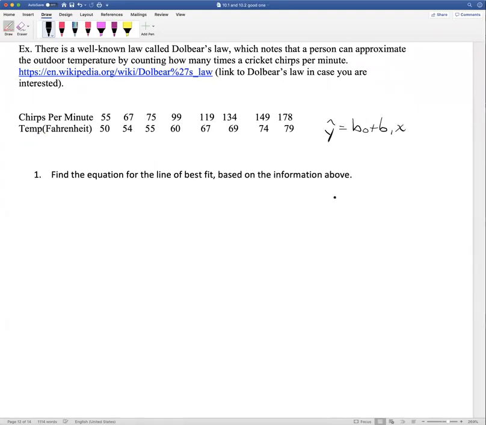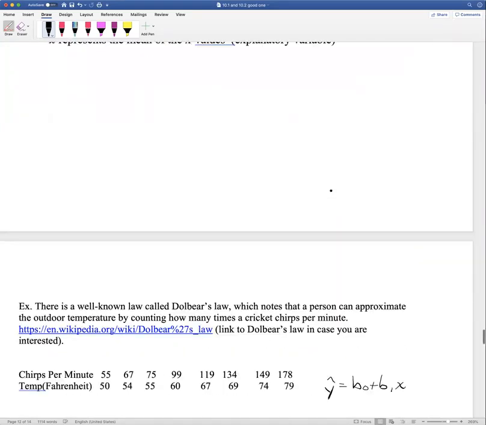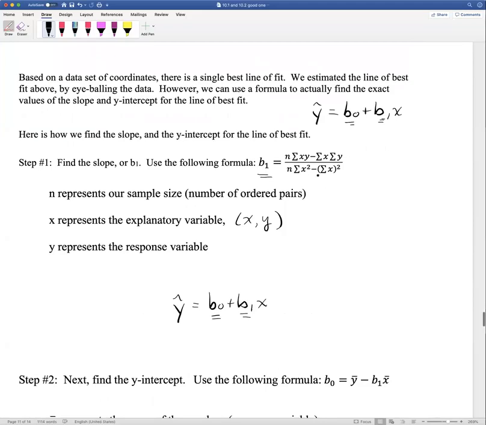And remember, the first thing we want to do is find b1, or the slope. So the formula for slope, or the formula for b1, looks like this. I'm just going to copy and paste this down here.